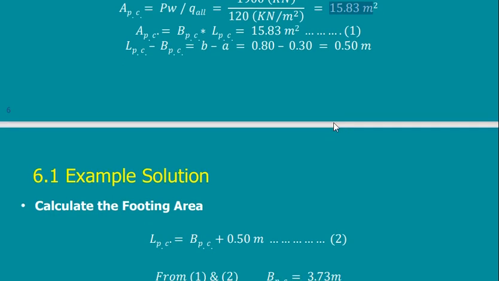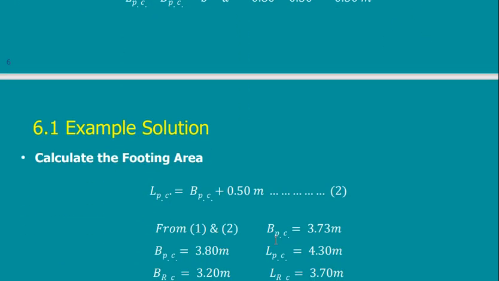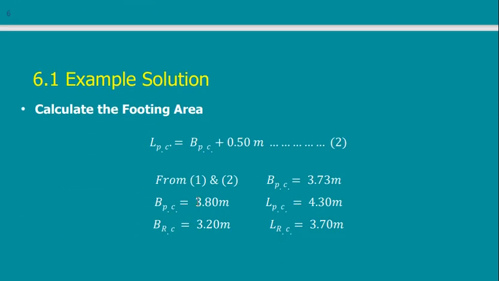If I have an area of 15.83, I cannot just say that you will need, instead of 3.8, 3.7123. I'm not going to use this number. I will have to round it. It will be, say, 3.8. And here it was not, say, 4.3. It was another number.